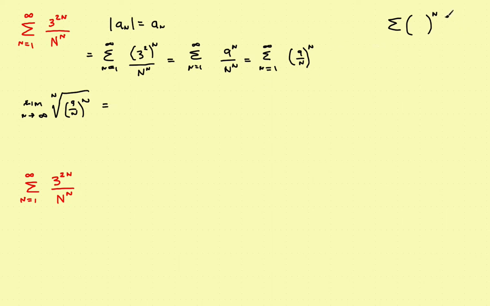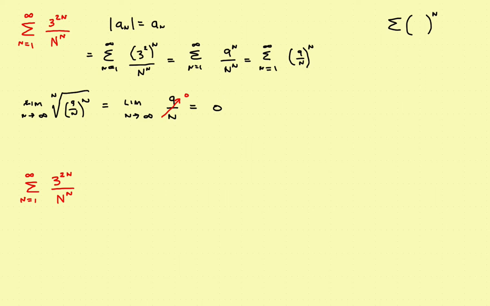By manipulating it into this form, it's particularly easy, because the nth root and the n always cancel out, and that just gives you the limit as n approaches infinity of 9 over n. If you take that limit as n goes to infinity, the denominator is going to get larger and the entire thing is going to approach 0.